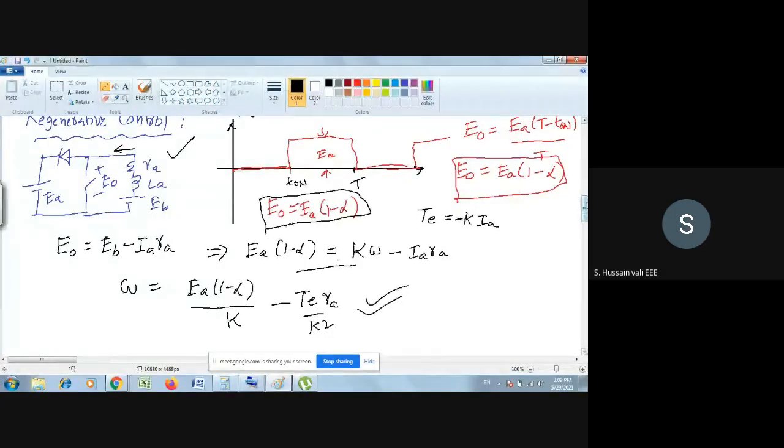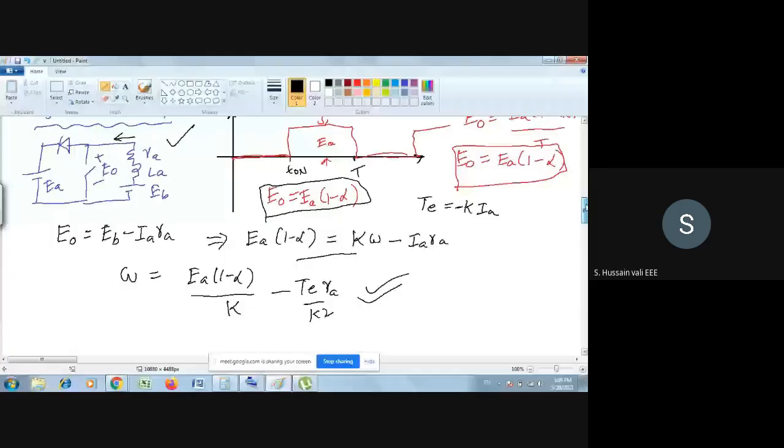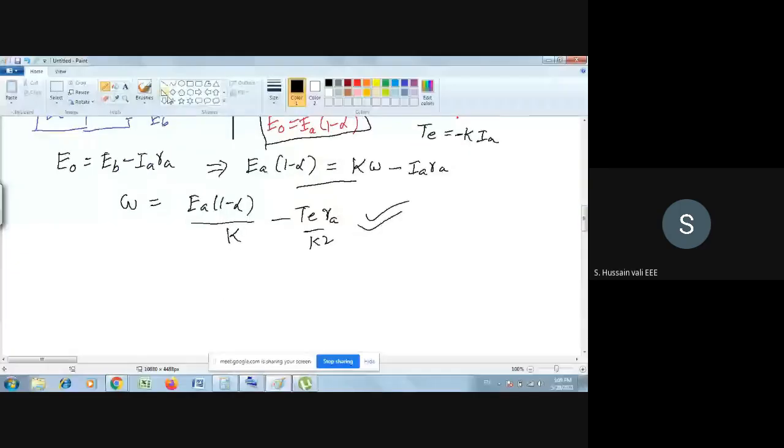Then we draw the graph, just like how we have drawn it before.